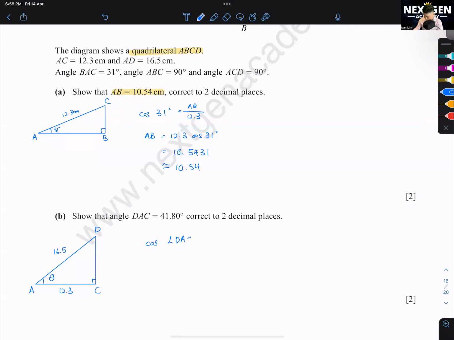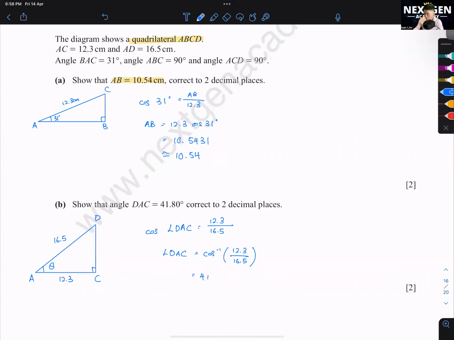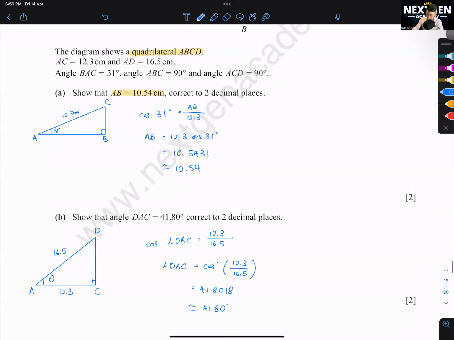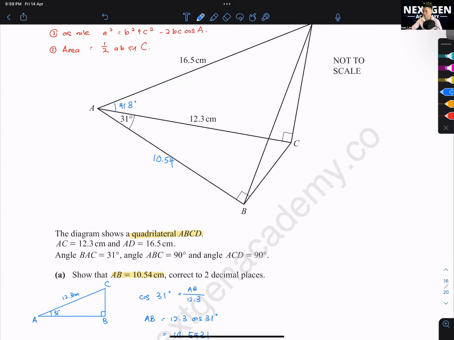Angle DAC is equal to 12.3 over 16.5. Angle DAC is equal to shift cos 12.3 over 16.5, which will get 41.8018. Correct to 2 decimal places, you get 41.80 degrees. Okay, so we plot 41.8 degrees here.